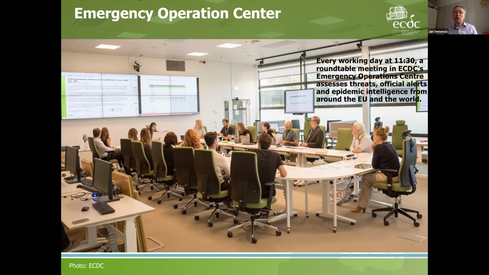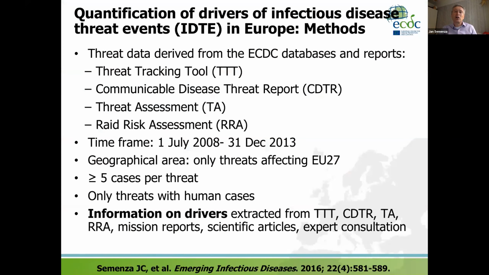And if need be, we write a risk assessment or a threat assessment about a potential epidemic event in the world that could potentially impact European citizens or Europe at large. And all the data is entered into a database that we call the Threat Tracking Tool, or TTT, illustrated here. And we write up these communicable disease threat reports that we publish on a regular basis.